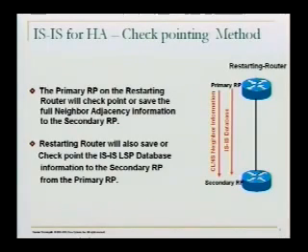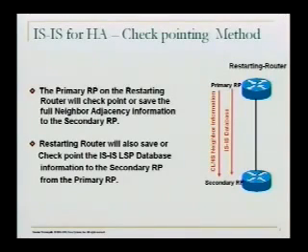On the checkpointing method, the restarting router's primary RP will checkpoint or save the neighbor adjacency information, and it will also checkpoint the database information. So two things get checkpointed from the primary RP to the standby.